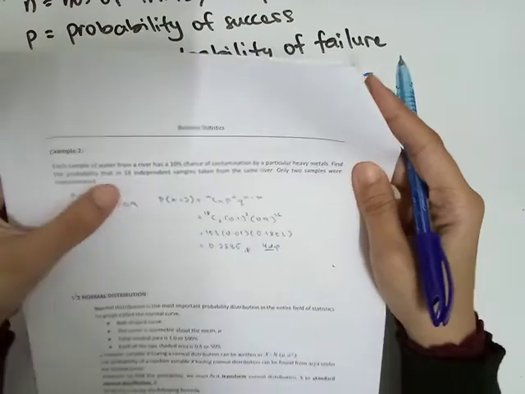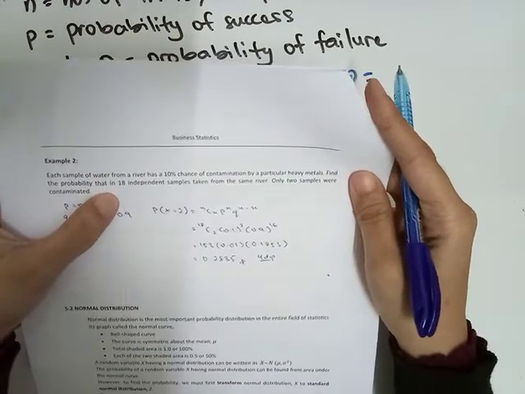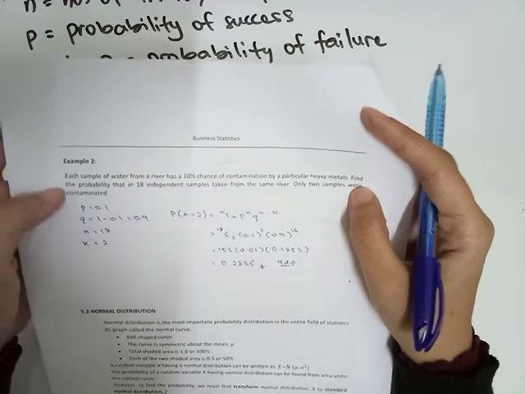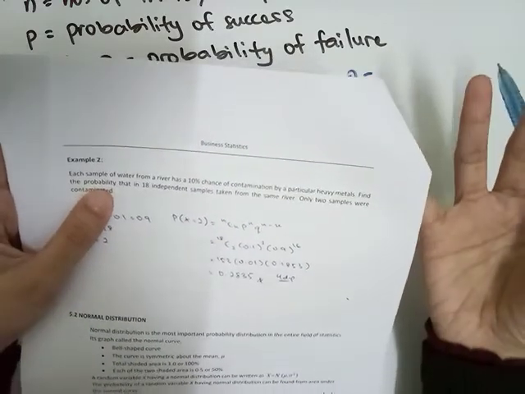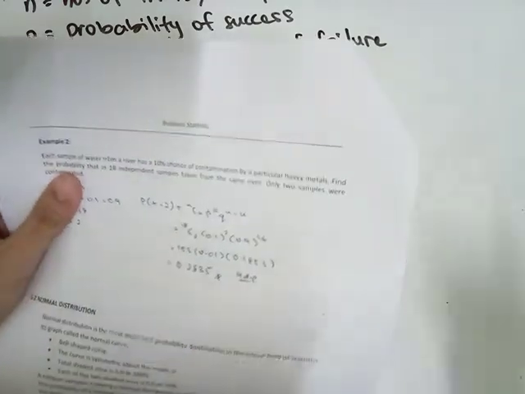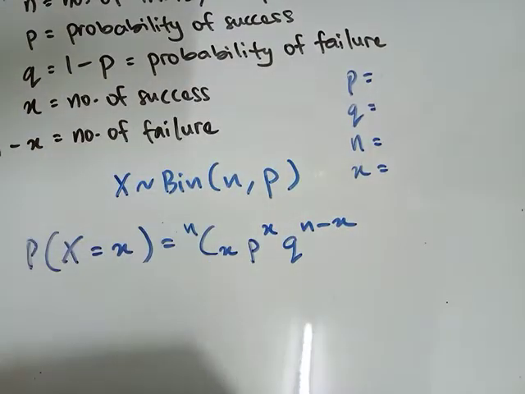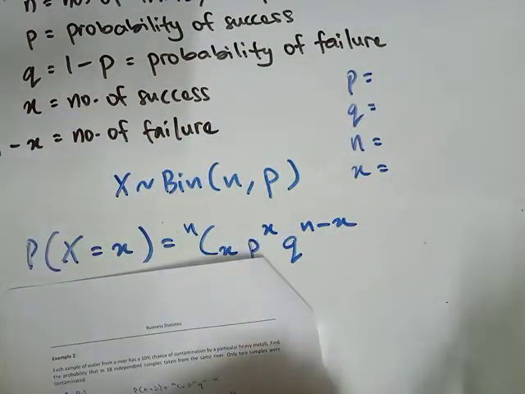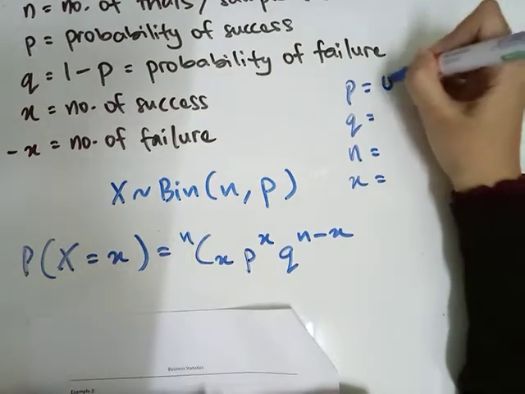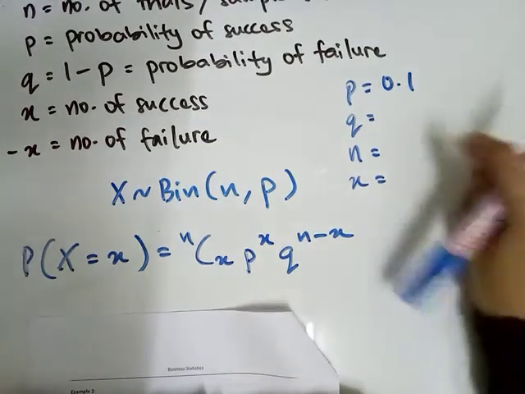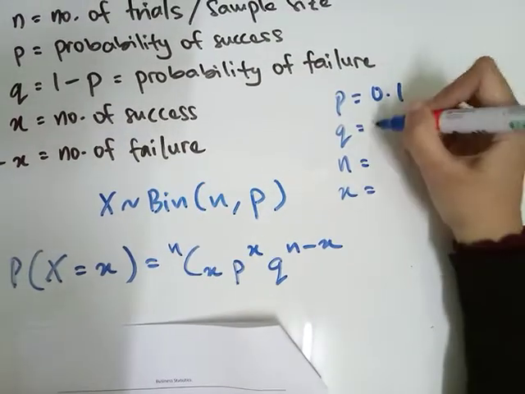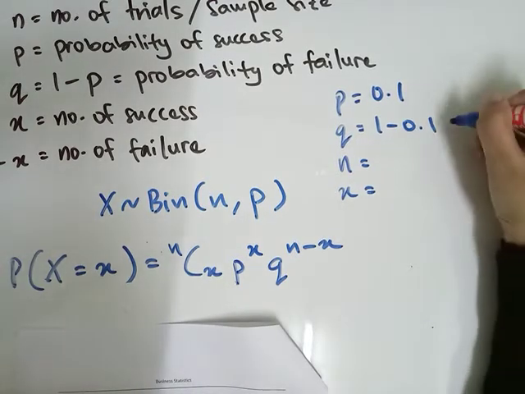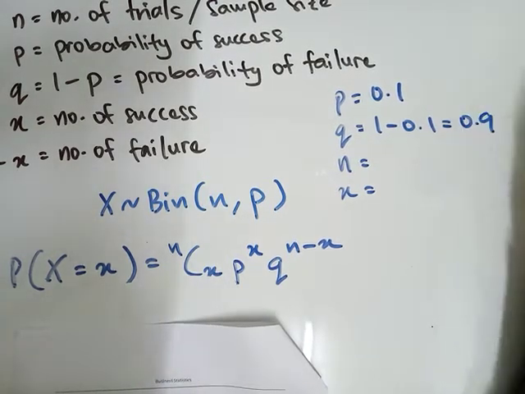Find the probability that in 18 independent samples taken from the same river, only 2 samples were contaminated. Okay, macam tadi saya cakap, apa yang dia bagi dulu, probability yang dia bagi, that is P, probability of success, which is 10%. So you have to convert into decimals, which is 0.1. So to get probability of failure, 1 minus P, 1 minus 0.1, you will get 0.9.